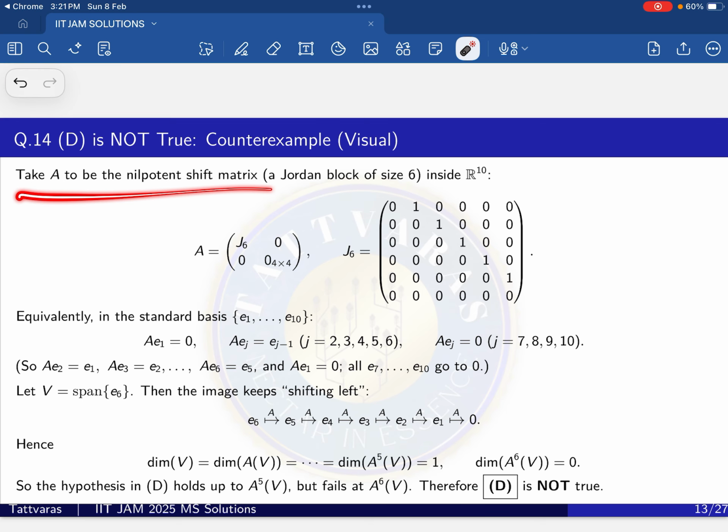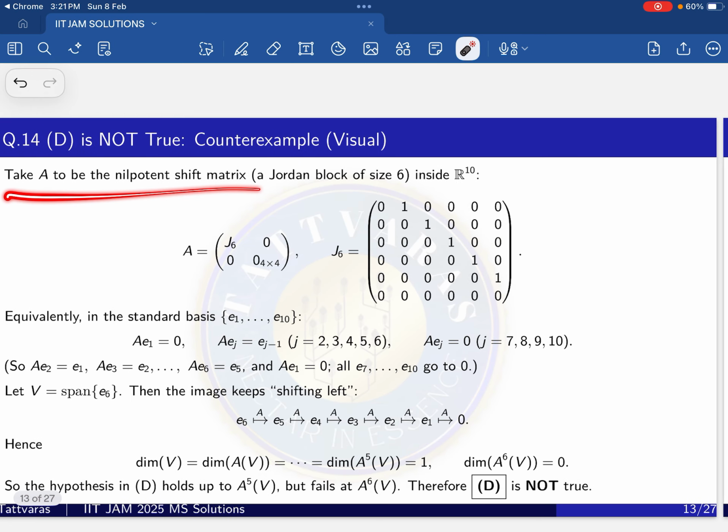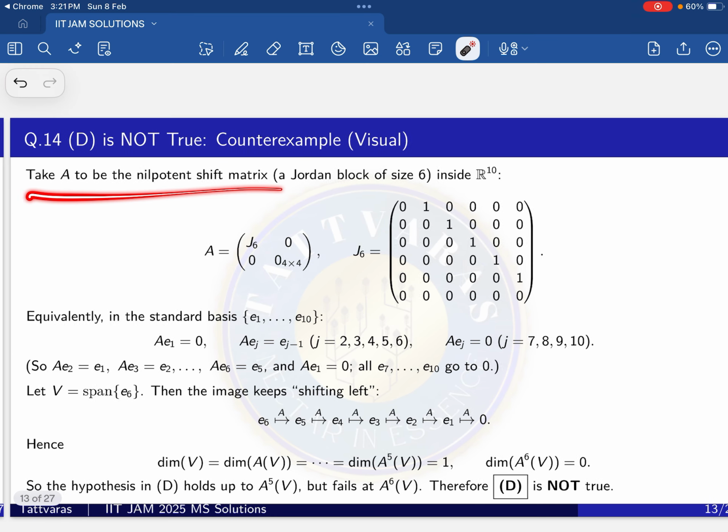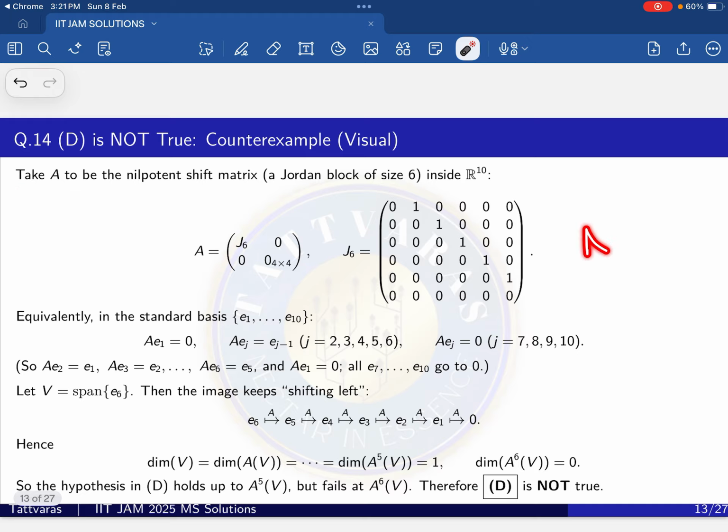So take A to be the nilpotent shift matrix. Basically by that we mean it is a matrix which is nilpotent, and you know a nilpotent matrix has A power k equal to 0 for some k, strictly greater than 1. Basically if it is for 1, then it's the null matrix.